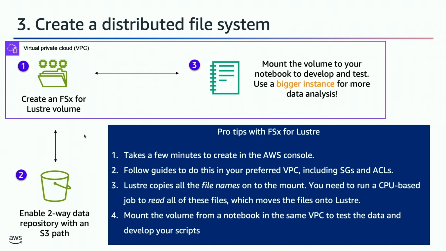So definitely something to note. Then you can mount the volume from the notebook in your same VPC to test. So that's how to create a distributed file system, such as FSx for Lustre, and then mount a notebook to this to test it and analyze your data.